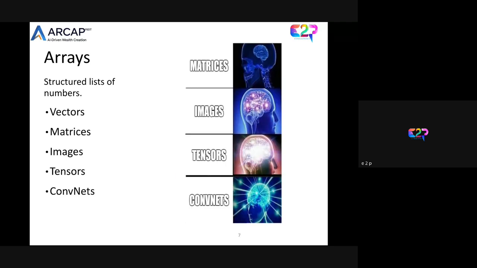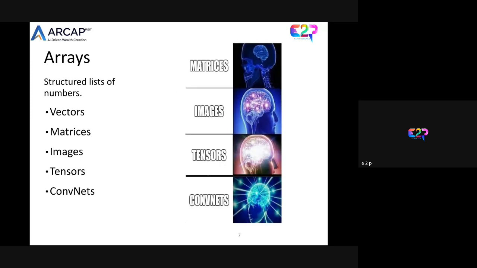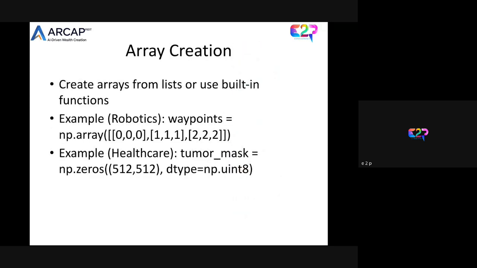Vectors are a single-dimensional array. Then matrices, images, tensors, and convolutional nets, so there are different categories of these arrays, right?